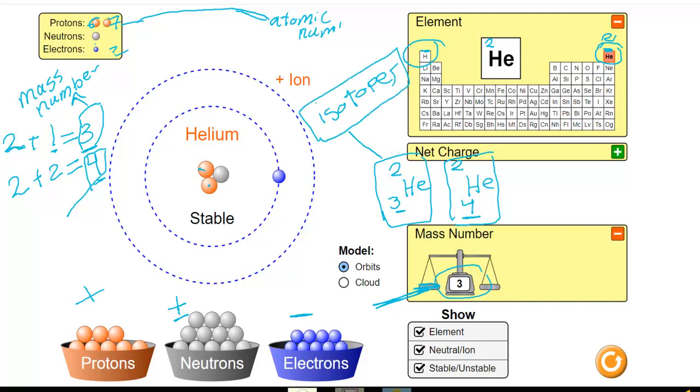So what are isotopes? Two versions of the same element. Two versions of the same element, but they can be 2 or more, not only 2.